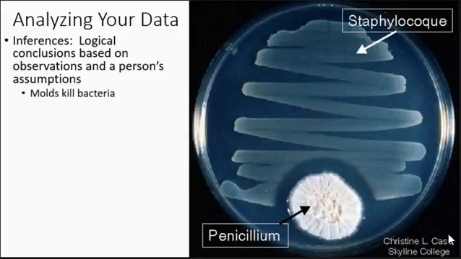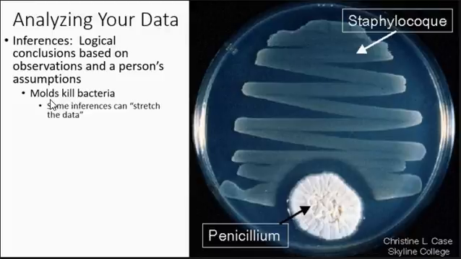However, you do have to be very careful in making inferences because many inferences might go beyond what we can actually say. For example, we don't know that all molds kill bacteria. All we know is that this penicillin mold is killing bacteria.